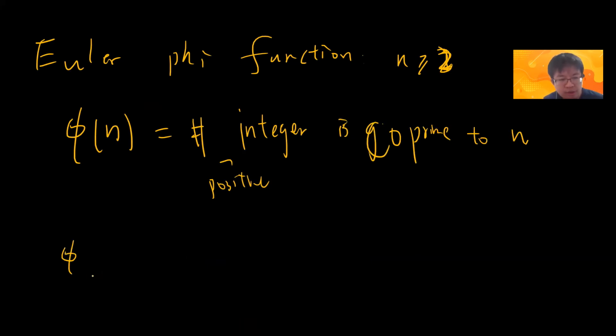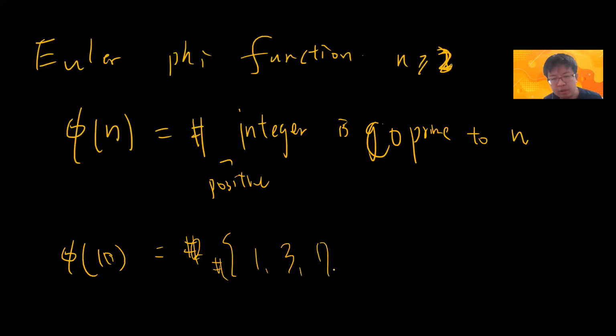For example, phi of 10 will be the number of positive integers coprime to 10. So it should be 1 and 3, 2 cannot be, 4 cannot be, 5 cannot be, 6 cannot be, 7, 9, yeah. So phi of 10 will be 4.